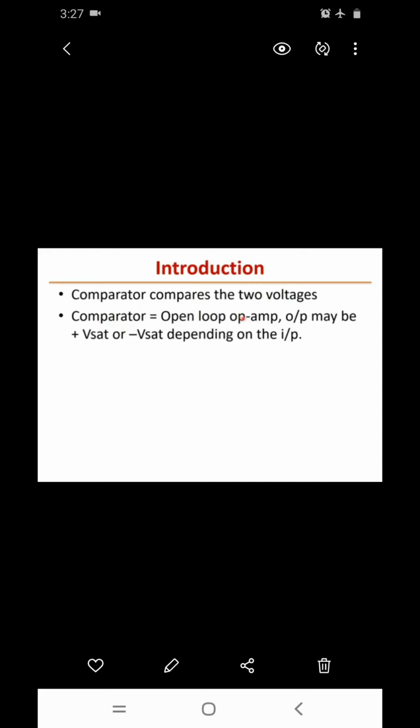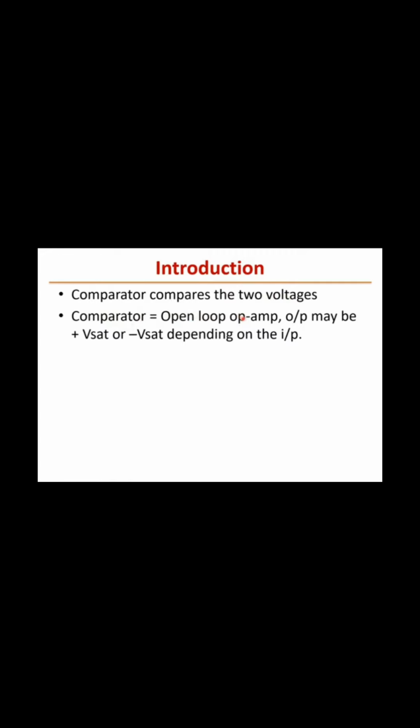A comparator compares a signal voltage on one input of an op amp with a known voltage, called a reference voltage, on the other input. In its simplest form it is nothing more than an open loop op amp with two analog inputs and a digital output.